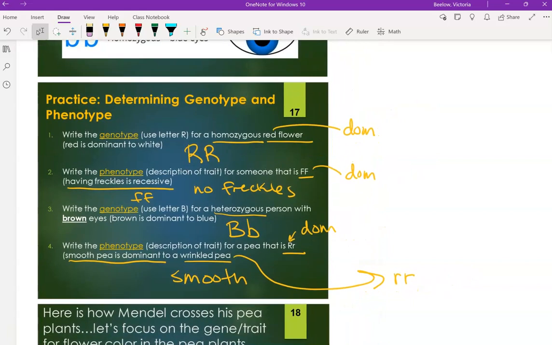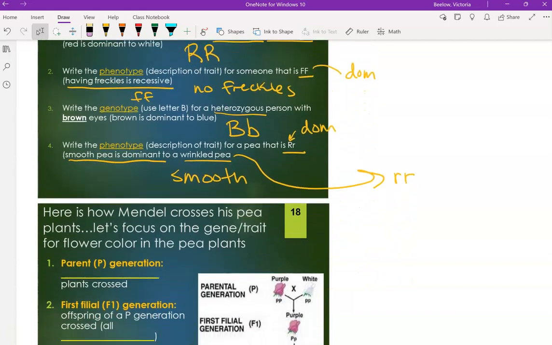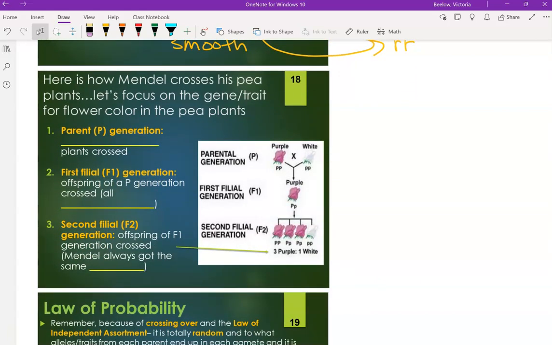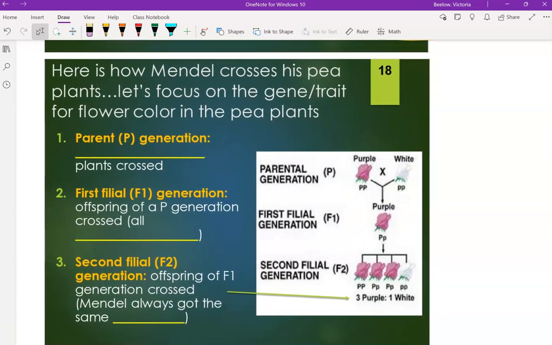All right, so that is genotype, which is the letters or the alleles, and phenotype, which is the physical expression. Again, both of which go hand in hand with each other. So here is how Mendel figured out the foundation of genetics using his pea plants.